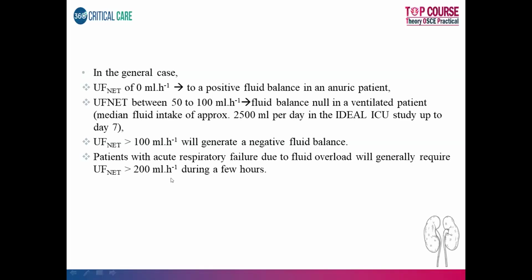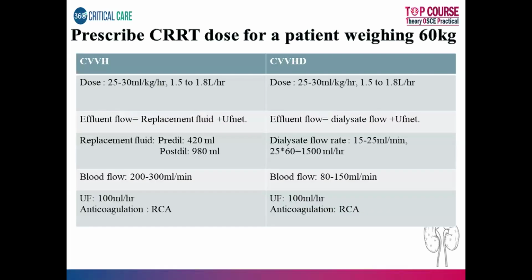But this might lead to hemodynamic compromise in a CRRT patient who we have already initiated because of hemodynamic instability. So the best is to keep between 50 to 100, or 100 to 150 maximum. This is the ultrafiltration rate that we usually keep in a CRRT patient.